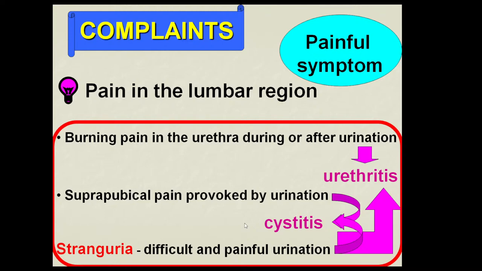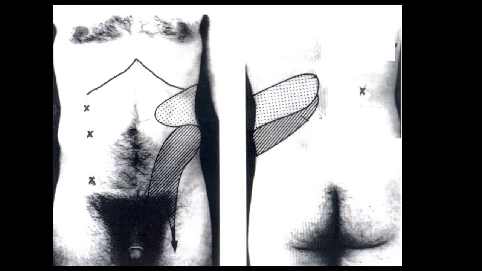Affection of the kidney manifests with pain in the lumbar region. We know the location of pain, and I said that we have two kidneys which may be affected simultaneously or separately.